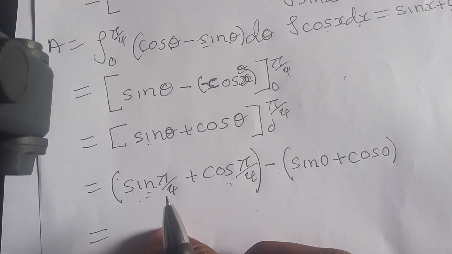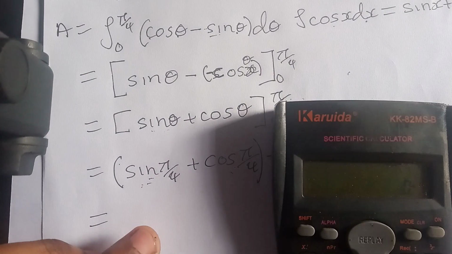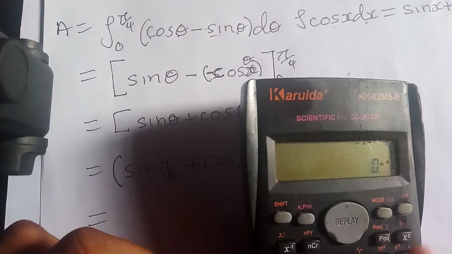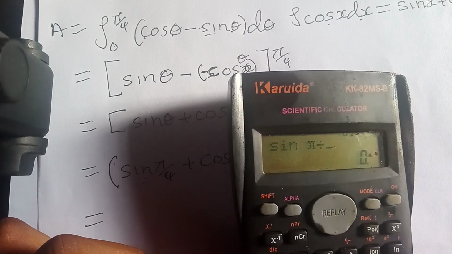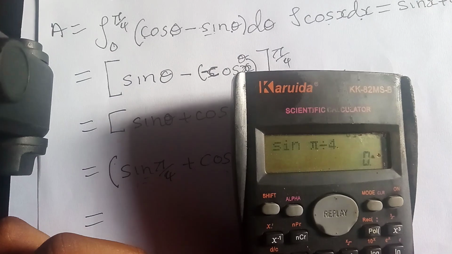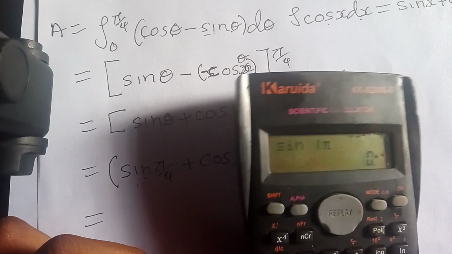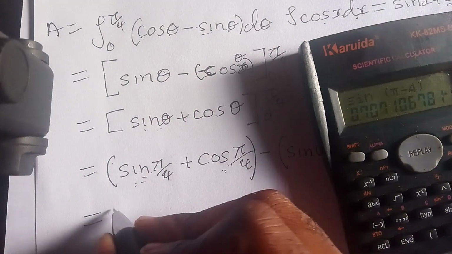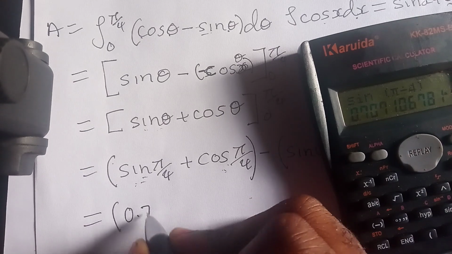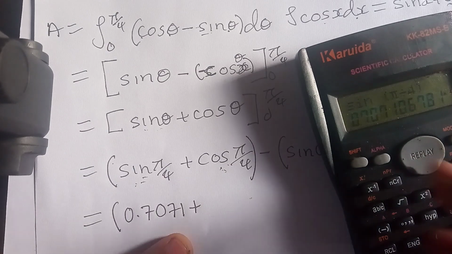Sine pi over 4 is 0.7071, which is just 1 over the square root of 2, but I'll punch it on the calculator anyway. Sine pi divided by 4, we are getting 0.7071, plus cos pi over 4, it's just the same as this.